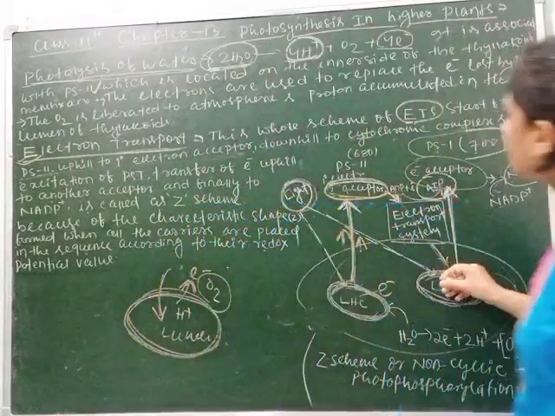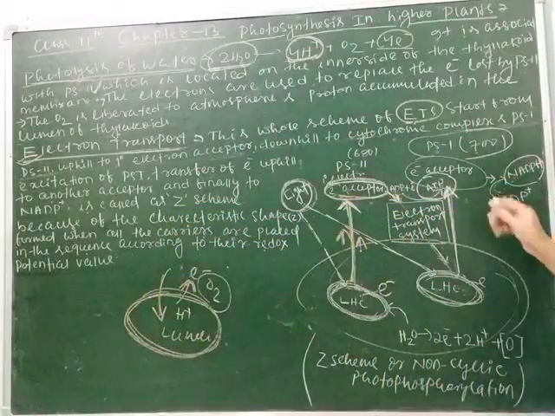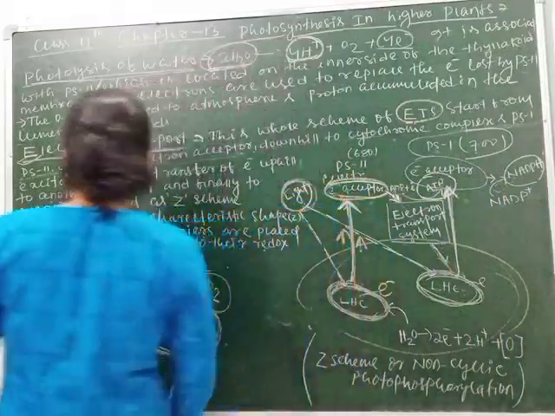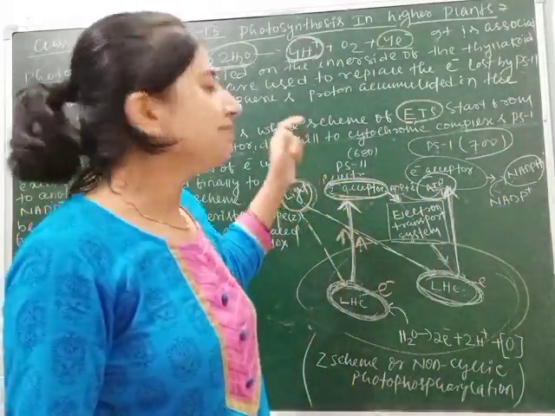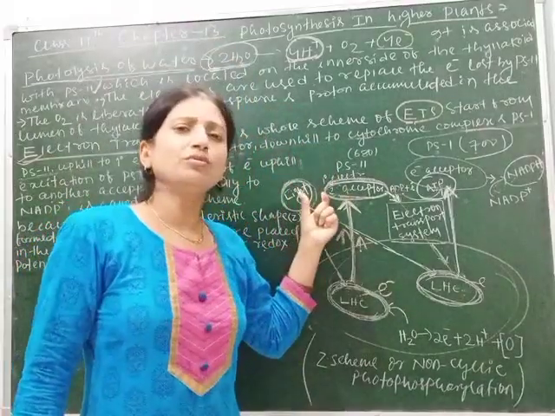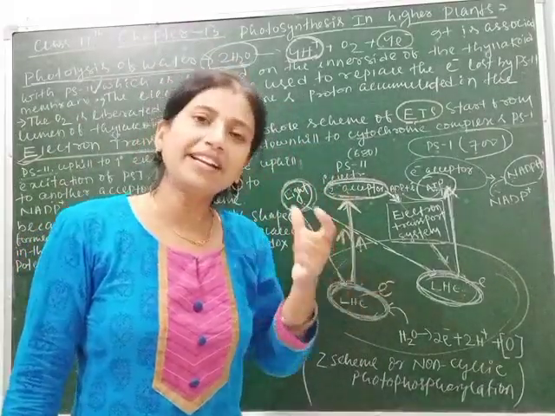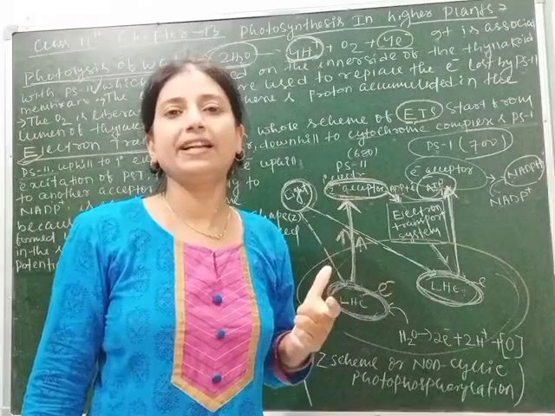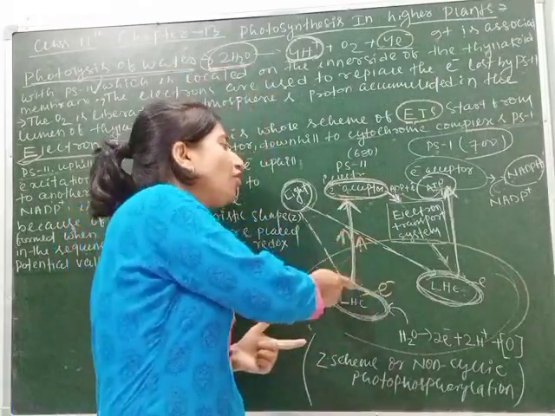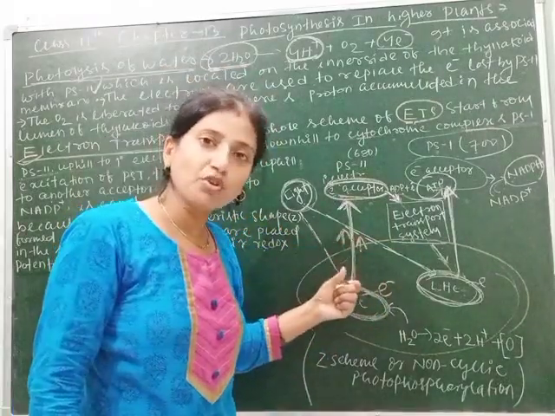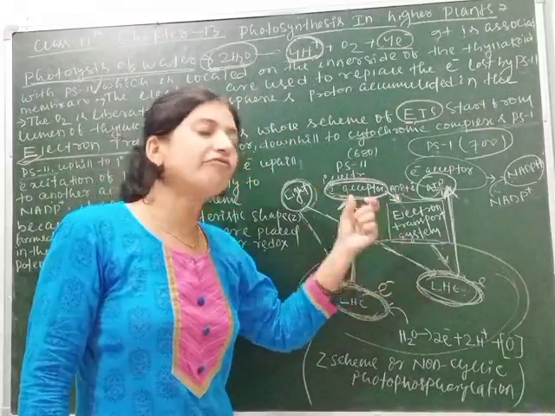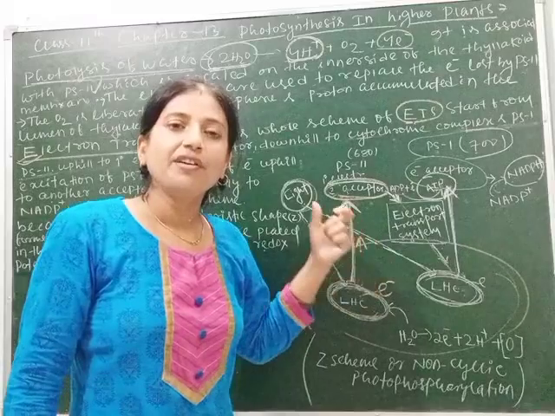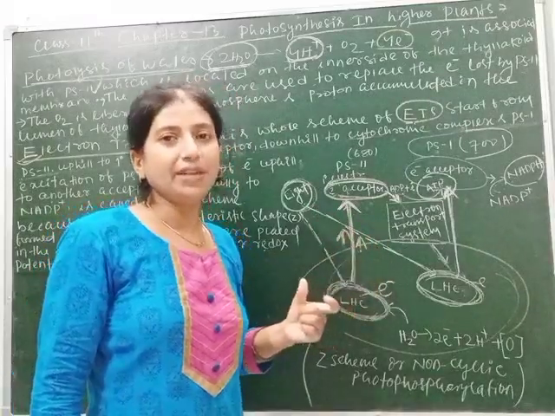Why? Because here the cytochrome complex or PS1 is associated. Dear students, I want to tell you another thing. PS2 can release electrons, but it can't use the electron directly. That's why the electron produced in photosystem 2 needs to be transferred to photosystem 1 for the production of ATP and NADPH.